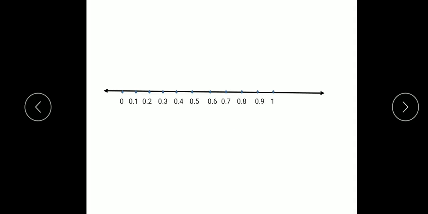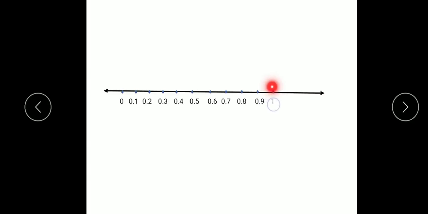The first decimal on the number line is 0.0, followed by 0.1, 0.2, 0.3, 0.4 and so on. Now, if you look at this place 0.9 and 1, you can see that 0.9 is very close to integer 1. Imagine if you are taking 0.99, it will still be closer to 1.